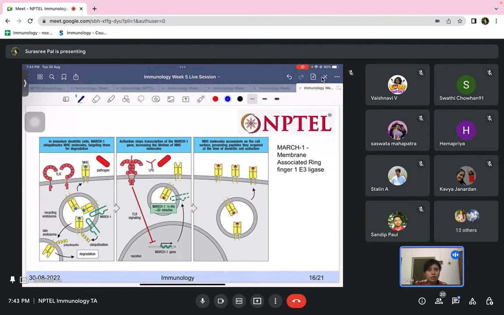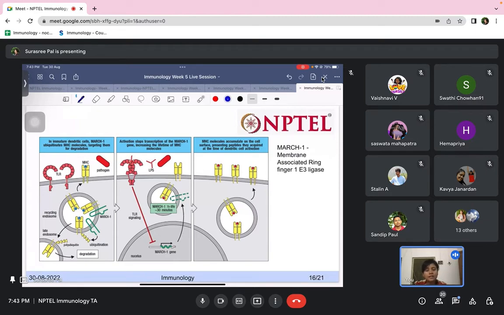Once it comes in contact with the pathogen, it will engulf the pathogen, or there will be some kind of signaling by the PRRs, the pathogen recognition receptors. Then the cell will be activated, and it will produce antigenic peptides and express these antigenic peptides on its surface with the help of MHC molecules.